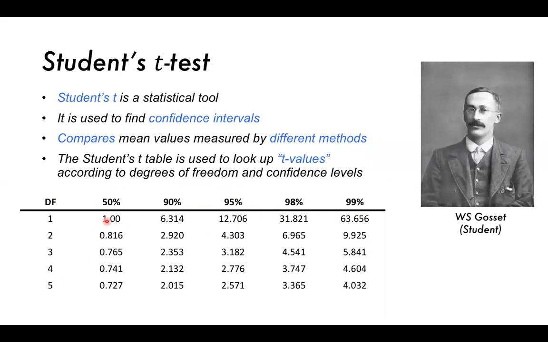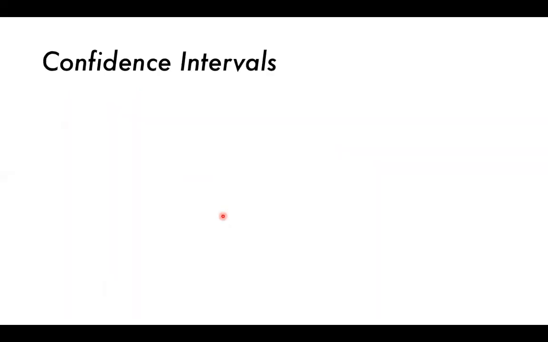50% is a much narrower definition of what a confidence interval may be, and so it produces a much narrower range of allowed values. 95% is typically the one used in most statistics today. Confidence intervals are important because they give us the range of values inside of which our true mean is likely to exist.